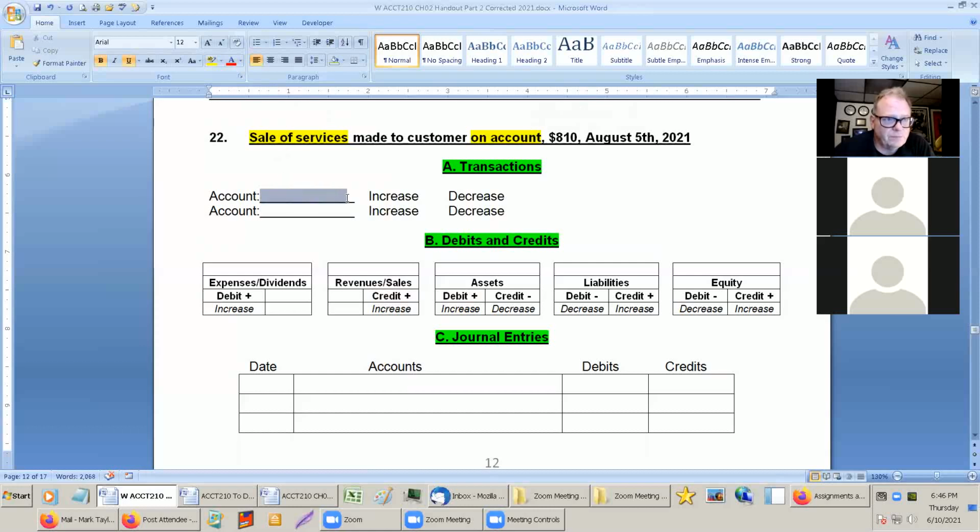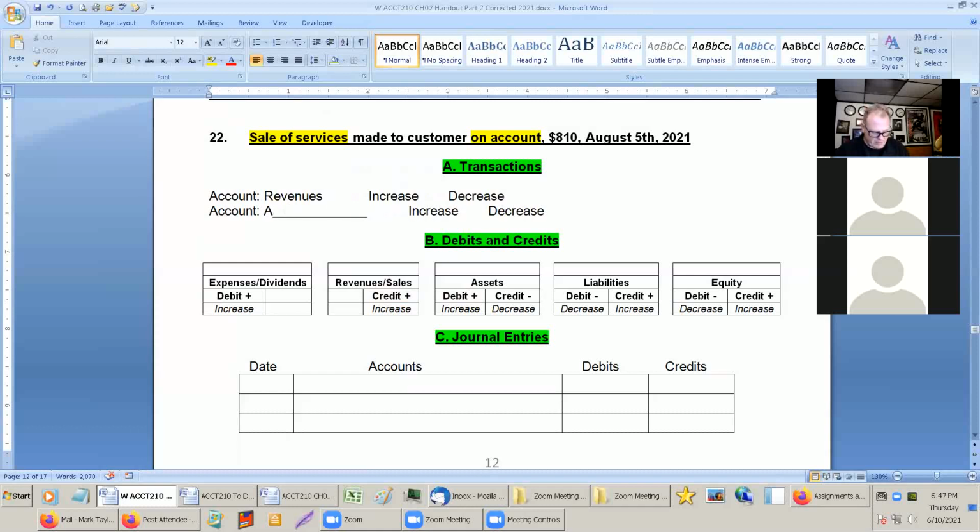Right. And then that would be accounts payable. Close. Now, we did the service. So, okay, accounts receivable. Correct. Yep. It's actually the same as the other one. It's just a different way of wording it.